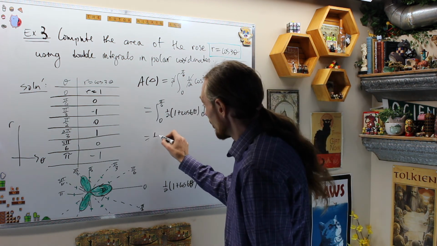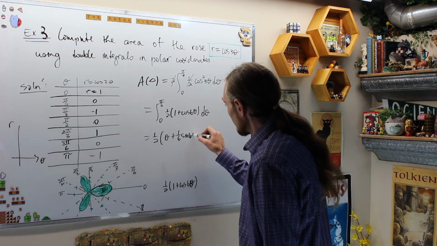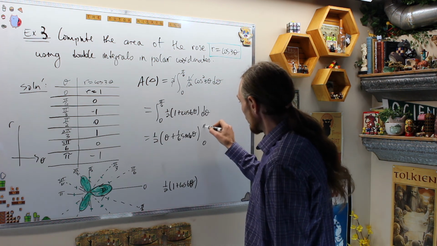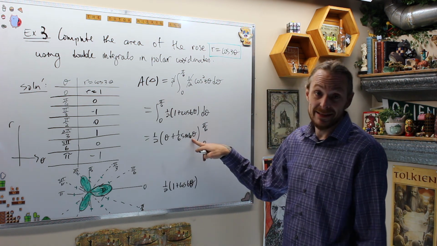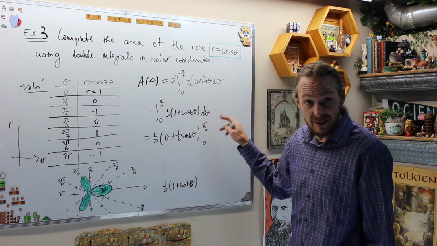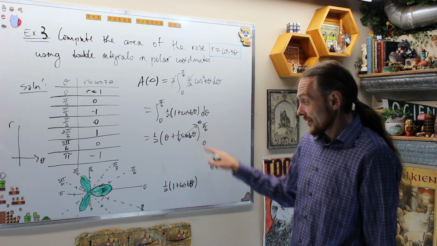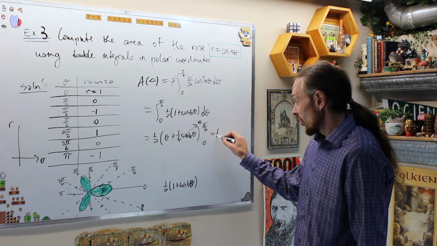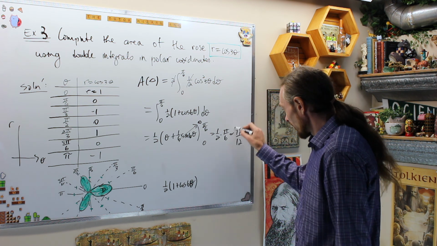That is now equal to 1/2 theta plus 1 over 6 sine 6 theta, evaluated from 0 to pi over 6. If you notice, at 0, sine is 0. At pi over 6, the 6 and 6 cancel, and I get sine of pi, which is also 0, so this is gone. And then at 0, obviously I'd have 0, so the only value I get is 1/2 times pi over 6, which is equal to pi over 12.